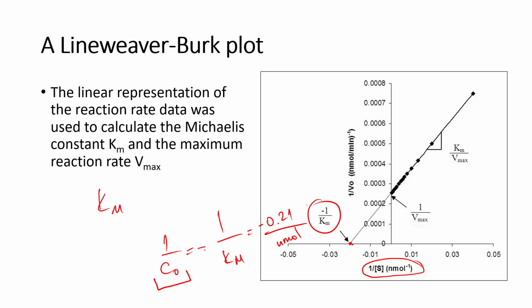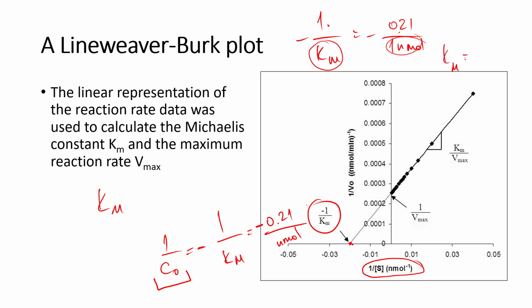Okay, so we have minuses on both sides. So let's write it like this: equal to minus 0.21 over nanomole. And we just move it to the other side so that we obtain the Michaelis constant in nanomoles. So 1 nanomole goes here, and 0.21 goes into the place of Km.